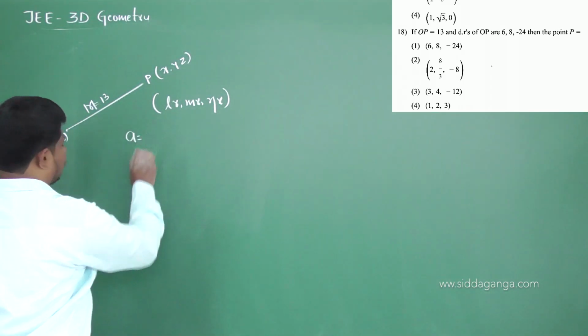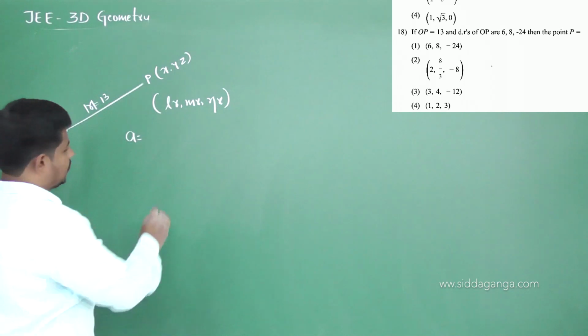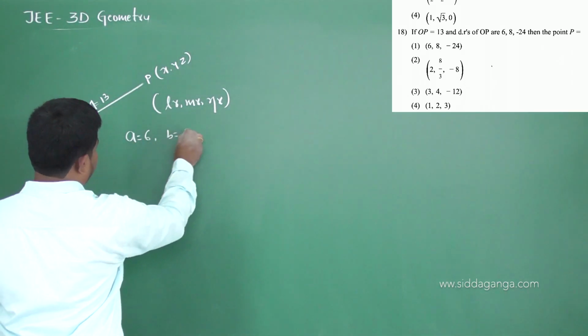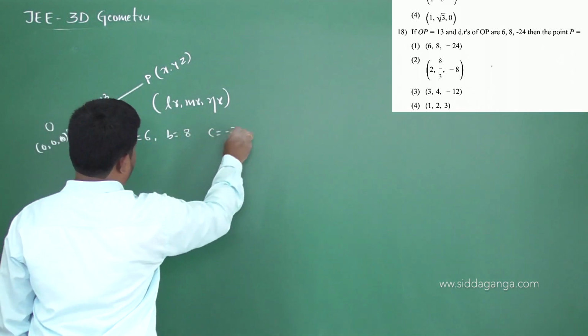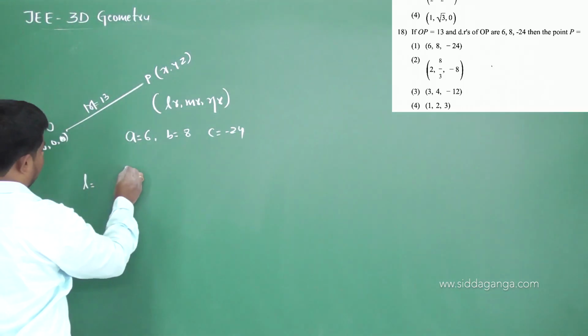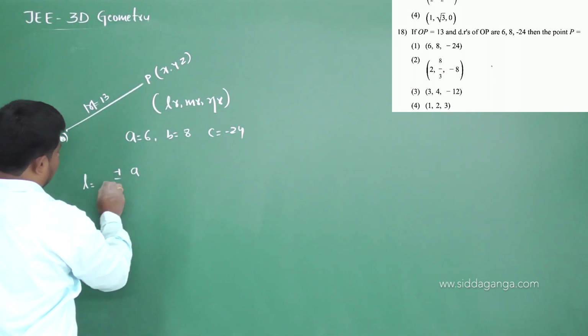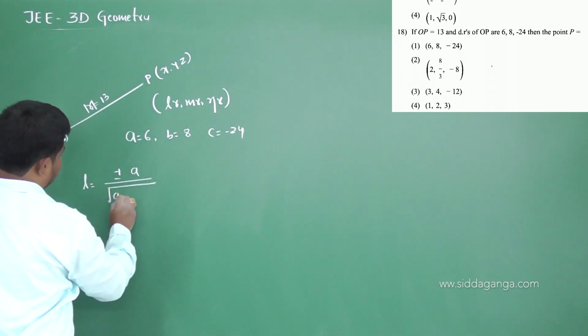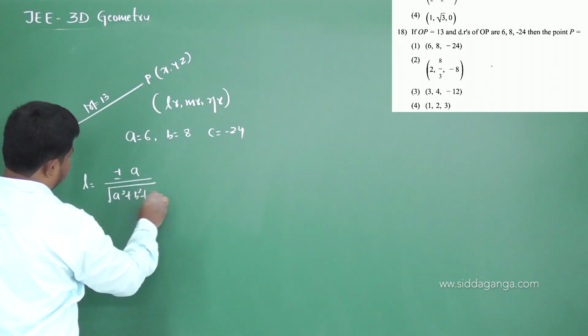What is the ratio? The first ratio: A is 6, B is 8, C is minus 24. So L is equal to plus or minus A divided by root of A square plus B square plus C square, right?